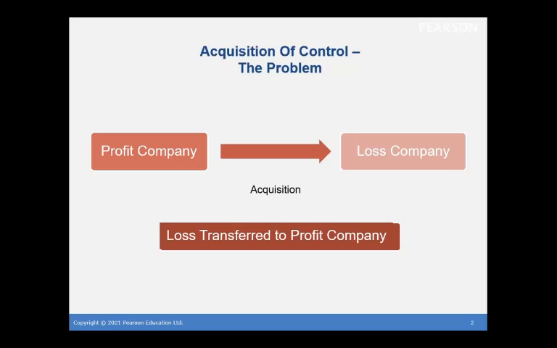So sometimes people will be trying to transfer a loss from a loss company to a profitable company through an acquisition. An example of this would be two unrelated parties.